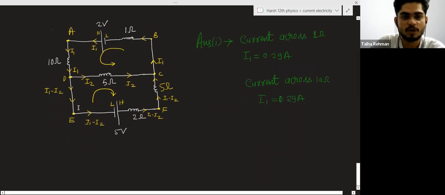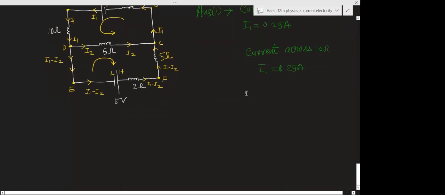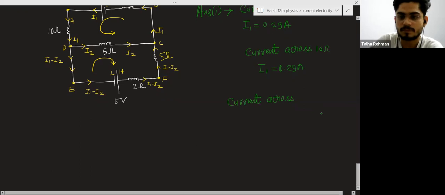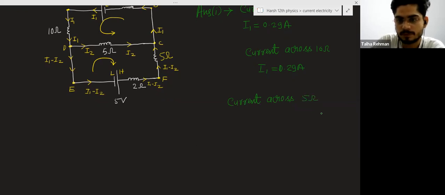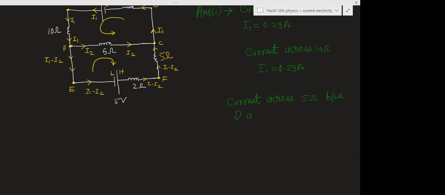Now, if you want to find the current across this 5 ohm resistance, it's I2. Because we have two 5 ohm resistors, we are talking about the resistance which is in between point D and C. What is the value?